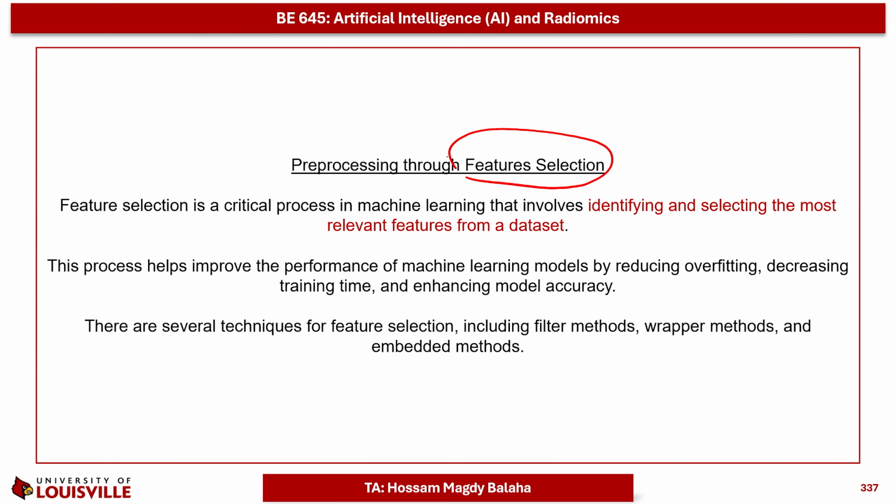And feature selection is a critical process in machine learning that involves identifying and selecting the most promising, relevant features from a dataset. And this will help improve the performance of machine learning models, reduce overfitting, decrease training time, and enhance model accuracy. There are many techniques for feature selection, including filter methods, wrapper methods, and embedded methods.